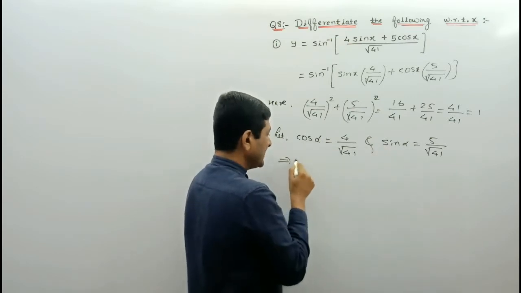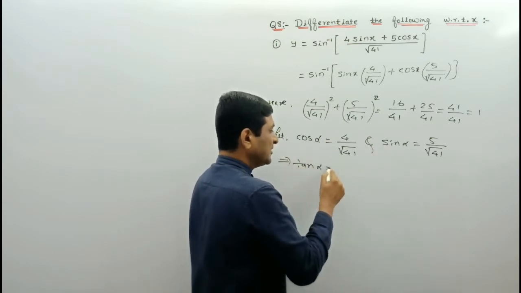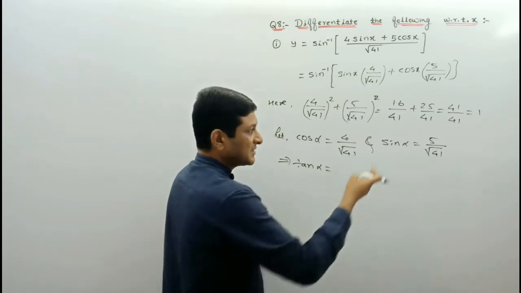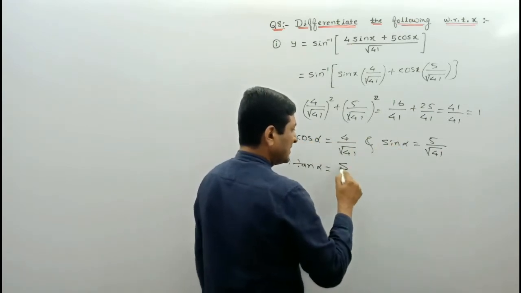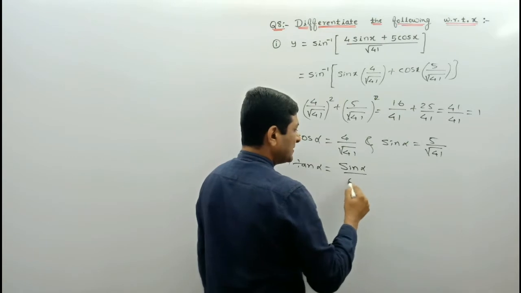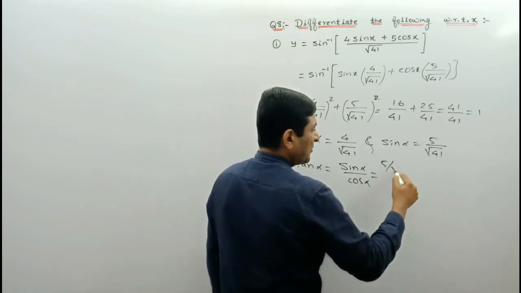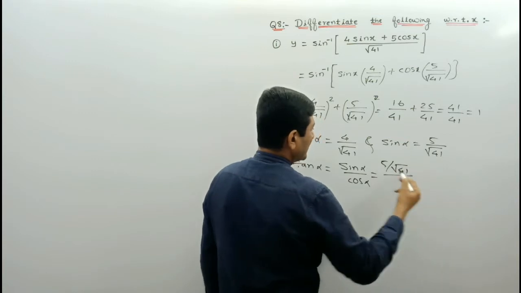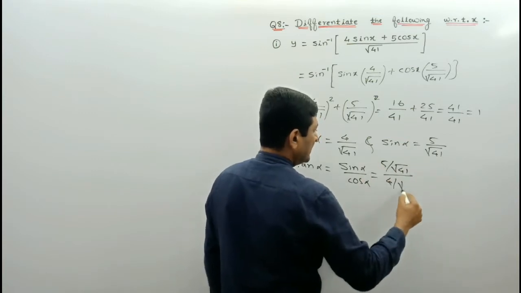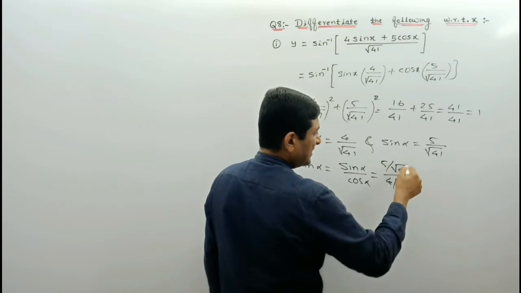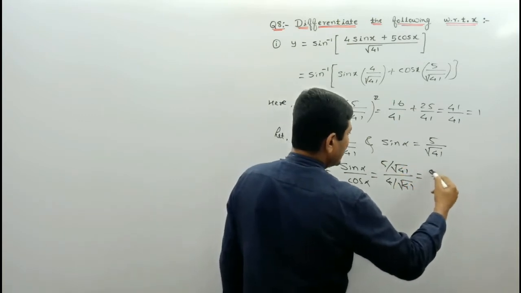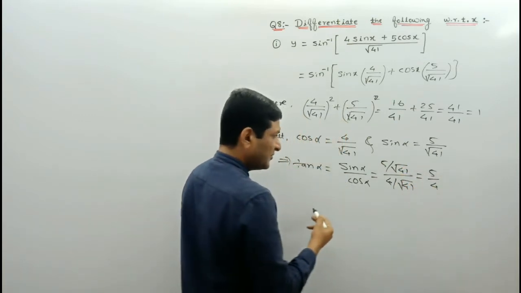So therefore y will become, or before that, here we can observe that if we are taking the division of sin and cos, so tan alpha will be equal to sin alpha upon cos alpha. What is sin alpha? 4 upon under root 41, and cos alpha is 4 upon under root 41. So here under root 41 will get cancelled, and what will we get? 5 by 4.